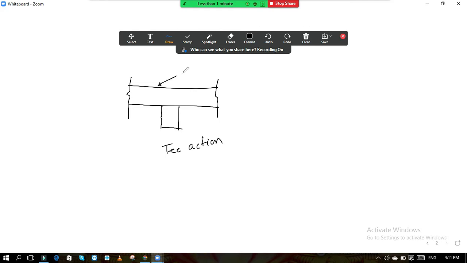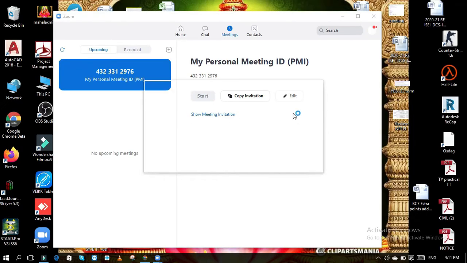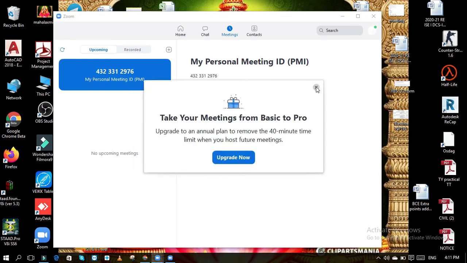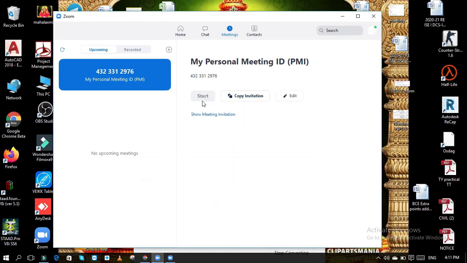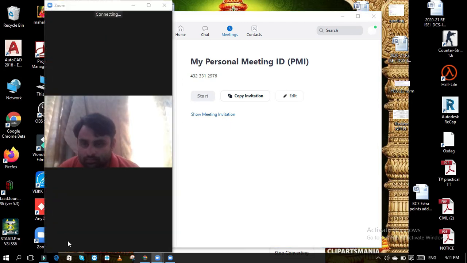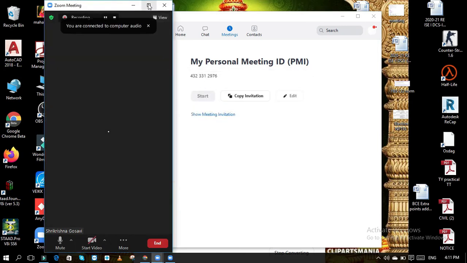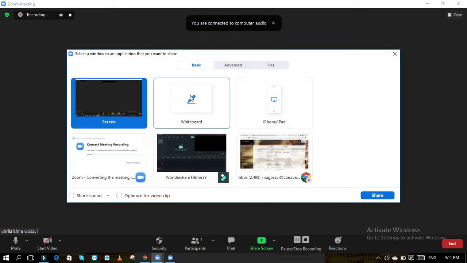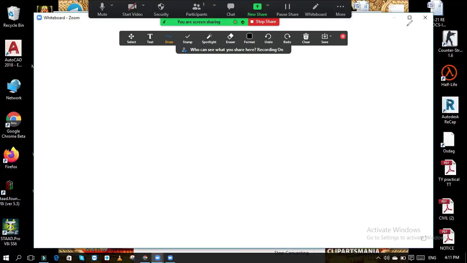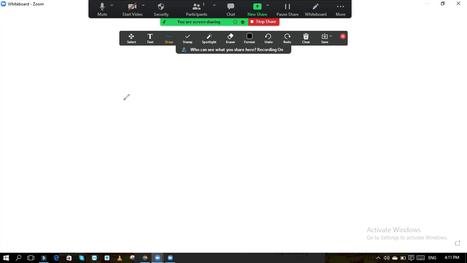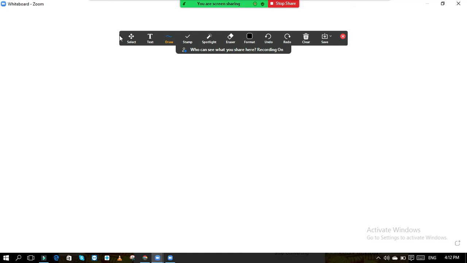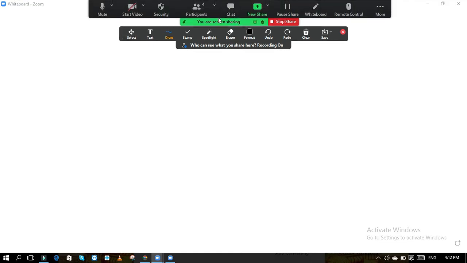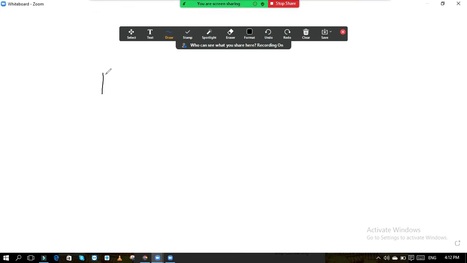So in this T action, this is the slab. Okay, so what I was telling you, this is your slab, and below the slab the beam is there.